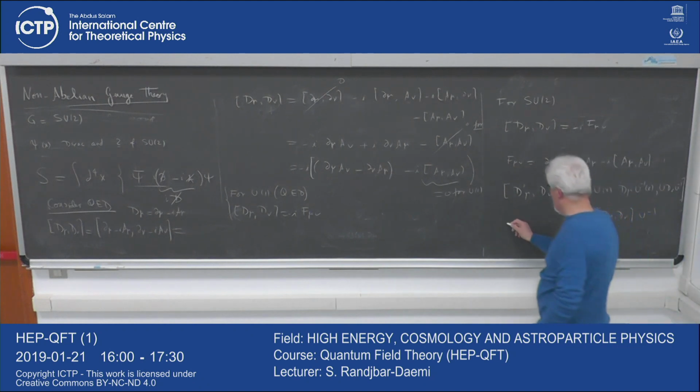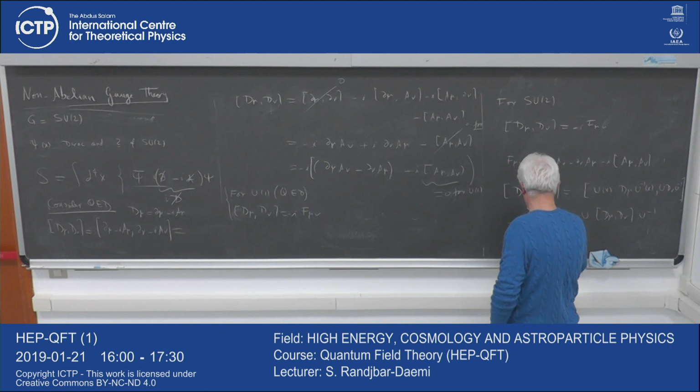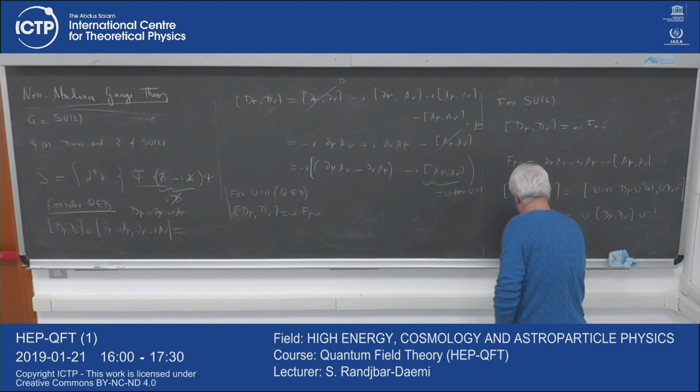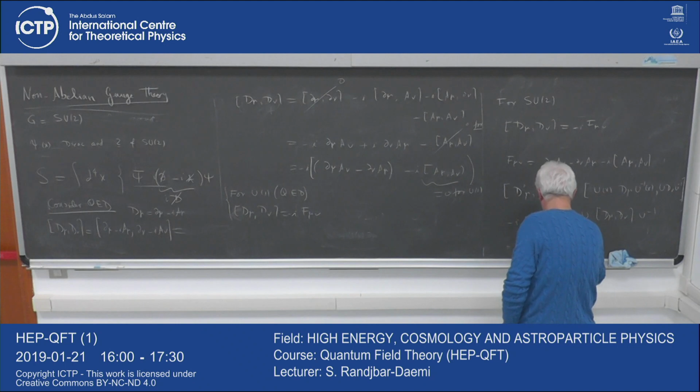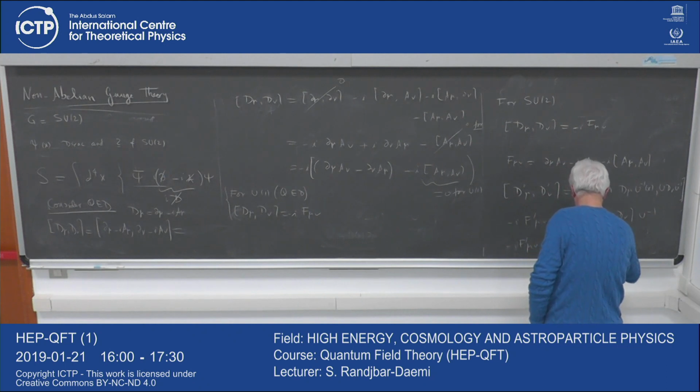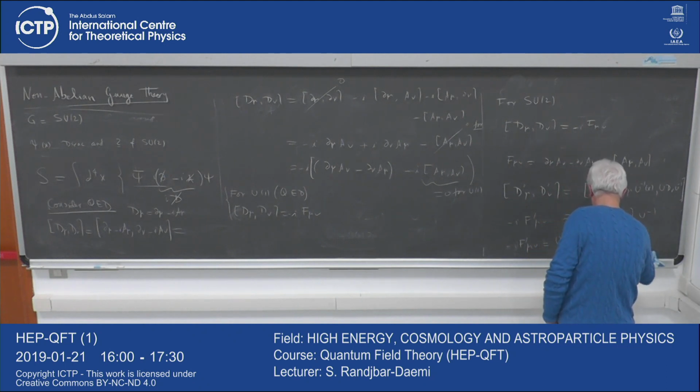If you call this minus i F' mu nu, you are obtaining that minus from there. If you also drop the minus i, you get that. This is how F should transform.